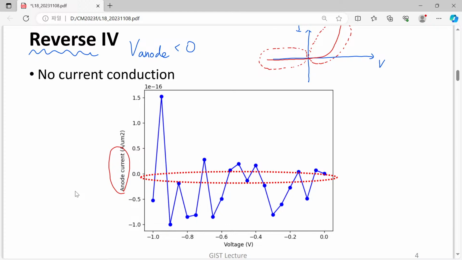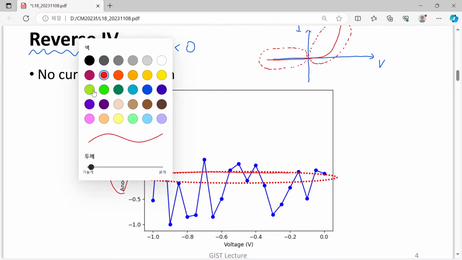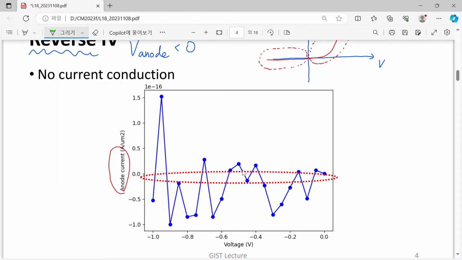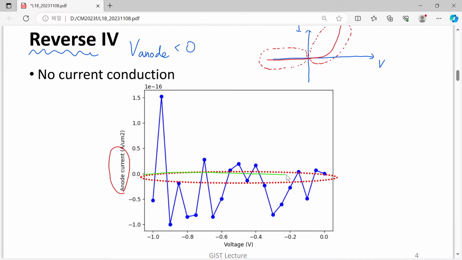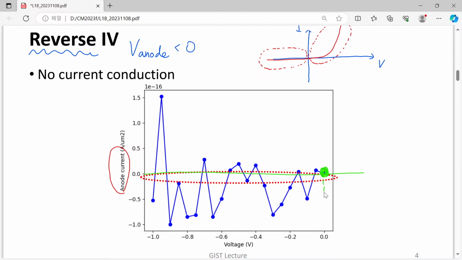So are you with me? I mean that in the textbook, the textbook says that this is exactly 0 current. Sorry, I will change my pencil color to highlight it. And if we are in the reverse mode, of course here we have 0 values, because when you apply 0 voltage, you are forced to have 0 current.